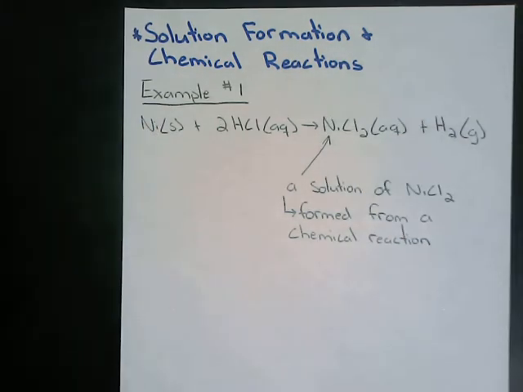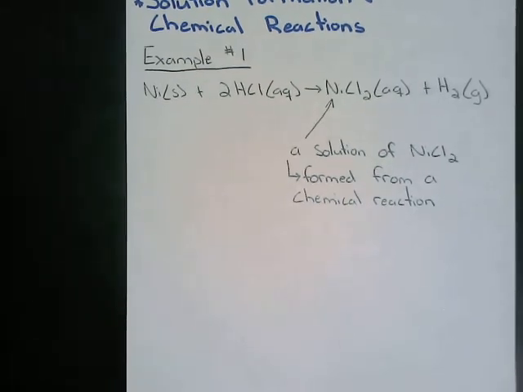Now, in my other example here is when salt interacts with water and we form that salt water solution. So what happens here is that the solid salt, sodium chloride, goes through and dissolves with water, except we have a unique thing that happens here.